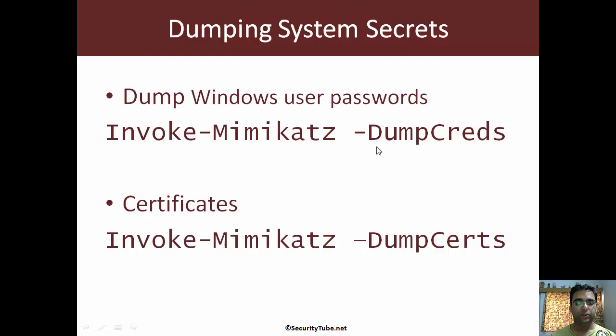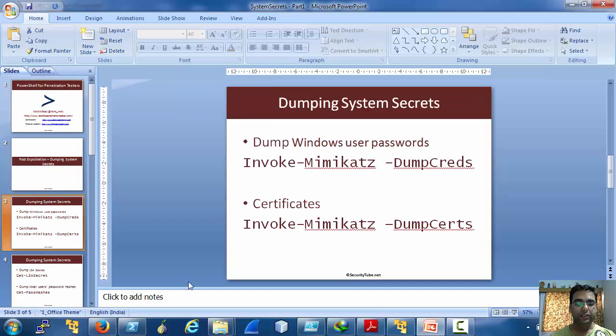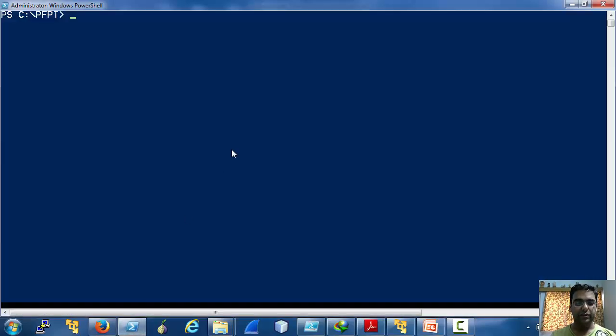Let's use it to dump credentials and certificates on the target machine. Let's target the local machine because we now have administrative access to our lab machines. So it would be the same thing.